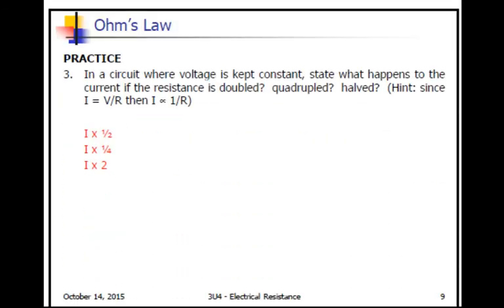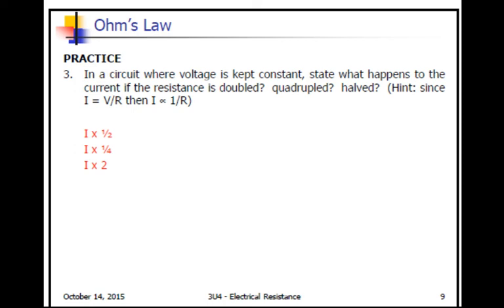In a circuit where voltage is kept constant, state what happens to the current if the resistance is doubled, quadrupled, or halved. Well, we have V equals IR, which we rearrange to I equals V over R. So if the resistance is doubled, our current gets cut in half.